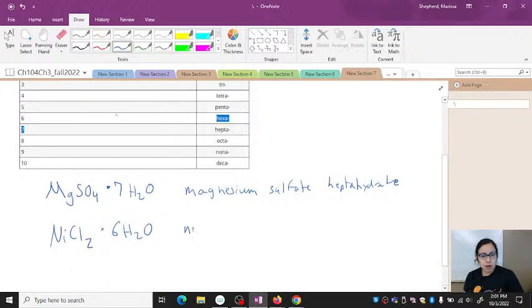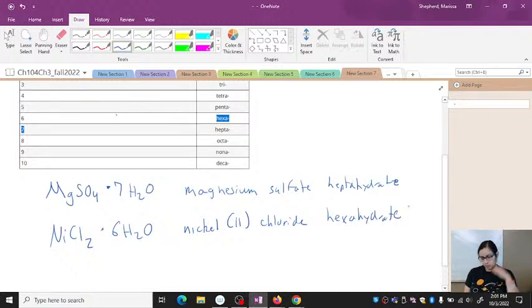And again, we'll write it as nickel 2 chloride hexahydrate. That's also why the chemistry bottles sometimes say anhydrous or not, so that you know whether you're getting a version with water attached to it or without water.